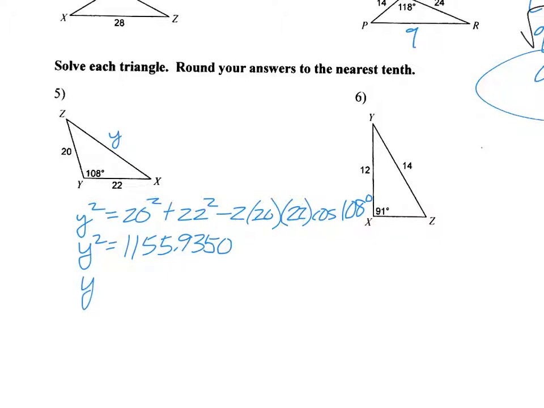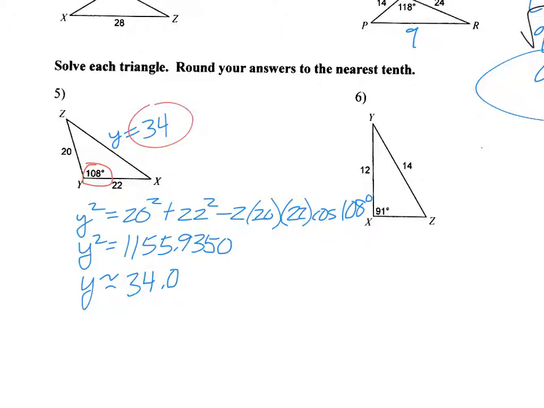So y is approximately 34. Okay. Now, once I've got this as 34, I can use law of sines, because now I know an angle and its side.